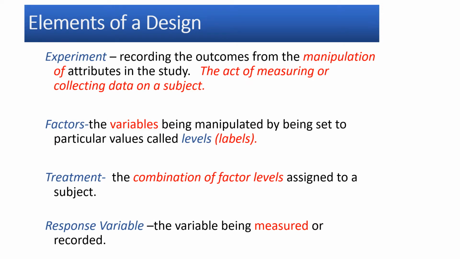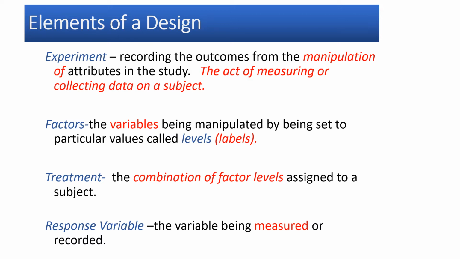Elements of a design include the experiment, factors, levels, treatments, and response variables. The experiment is defined as recording or measuring some outcome. The factors are the broad categories that are being manipulated. So in that example, it would be location.